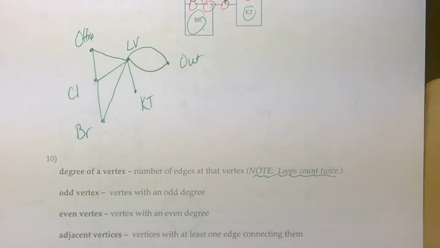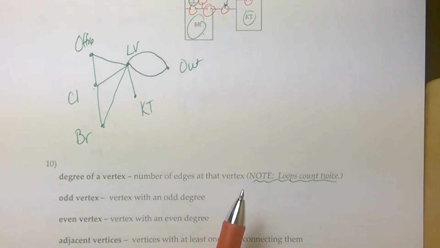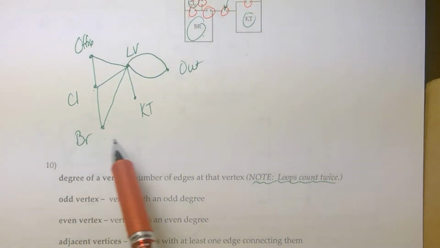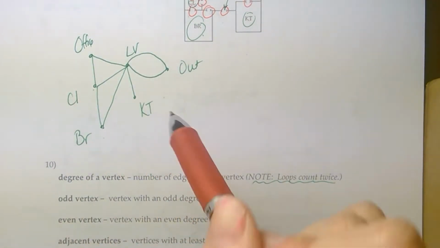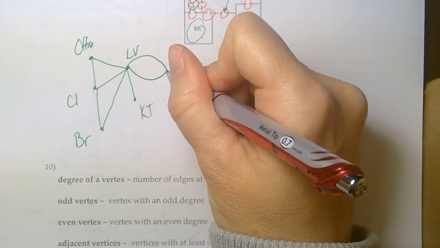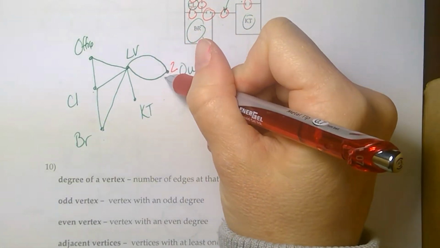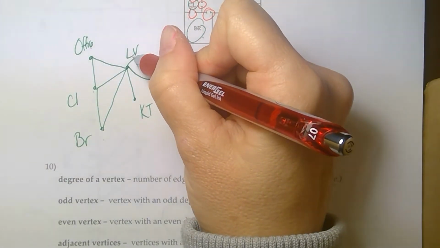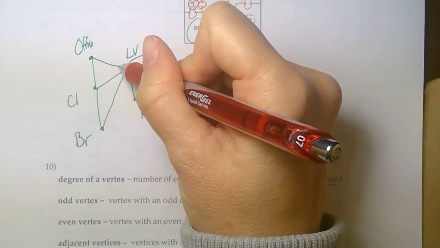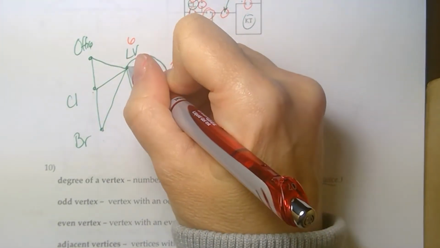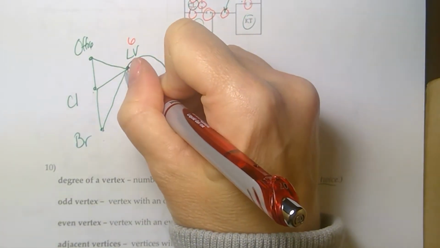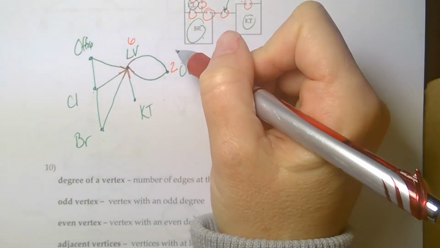So let's go up here and let's give the degree of each of our vertices. We don't have any loops here. Our outdoors has a degree of 2 because there are 2 edges. Living room is 1, 2, 3, 4, 5, 6th degree because I can leave the living room 6 different ways.